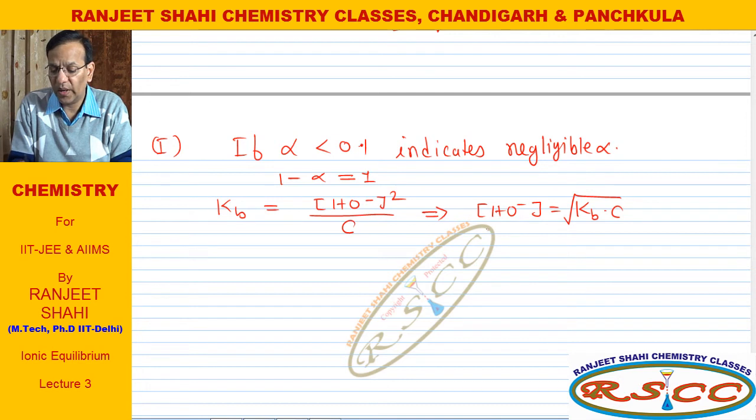So, knowing the value of hydroxide ion concentration, first we find out pOH and then we subtract it from 14 to determine the value of pH at 25 degrees Celsius.